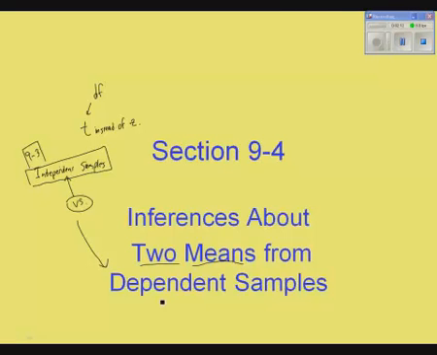Because remember, dependent samples, when I write this, what I'm saying is the two samples are related. Jessie had a nice example last time. She said, look, you do a sample now, and then you use the exact same people and do the sample next week. And those will be dependent, right? Because it was the same people involved.